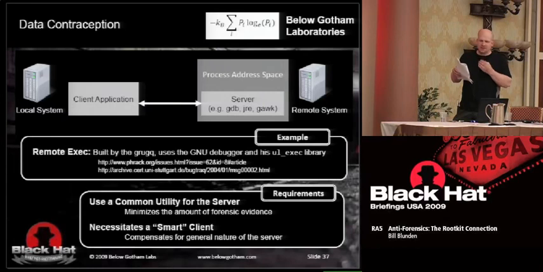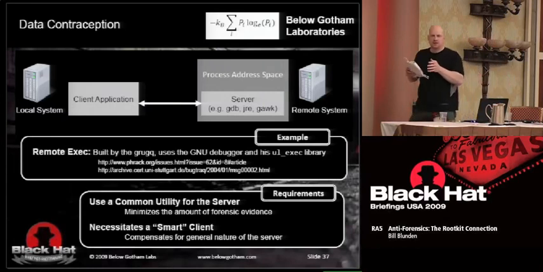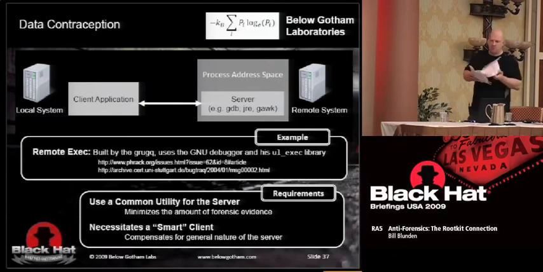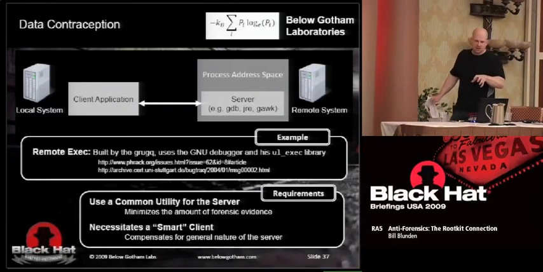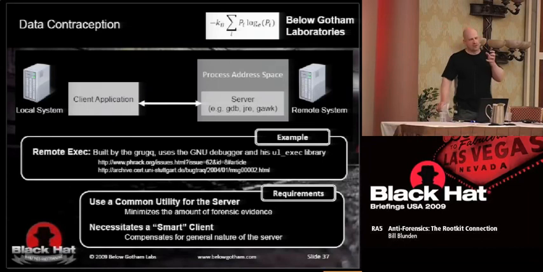So the way he did it, his implementation used the GNU debugger and a custom library. But the downside of this technique is that this server, which is offering its address space or the address space of another app, is kind of general. It's not very smart, and so the client has to compensate for that and be really smart and make up for all that work.